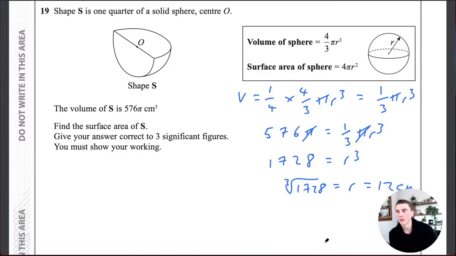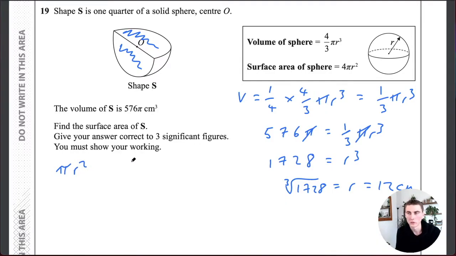All right, so we've now found the radius, which is really important because now that we know the radius, we can start working out the area. So if we look at the area of this shape, there's really two different parts. You've got this semicircle and this semicircle, which together basically make one entire circle. So to find that, we'd do the formula pi r squared.